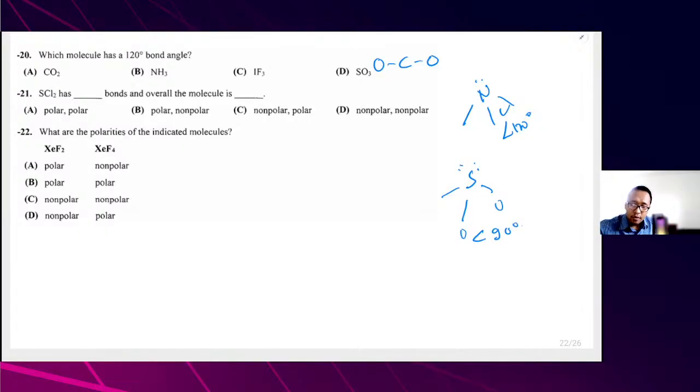How about the IF3? IF3. So it will have one like this one, I think, right? 3.